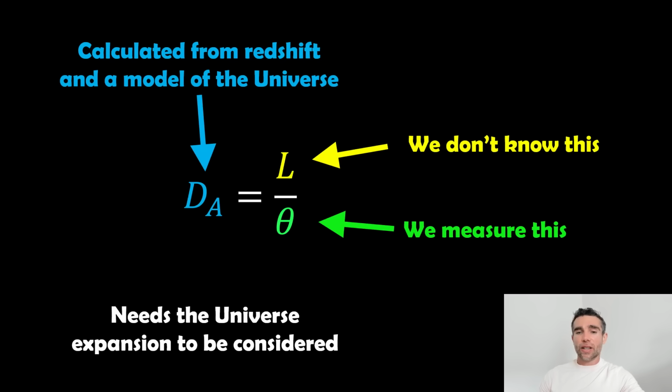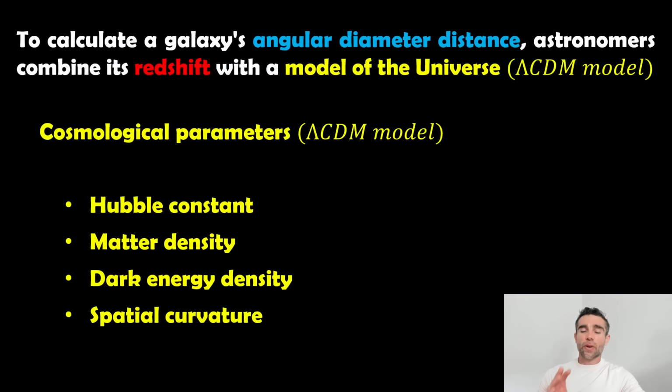But we do need to consider the universe's expansion. The typical model that we use at the moment, or the most common one, there's quite a few actually, is the lambda cold dark matter model. So we're going to combine the redshift with that model of the universe. Some of the parameters we would likely need to get this angular diameter distance are the Hubble constant, so how fast the universe is expanding, the density of normal matter, the dark energy density, spatial curvature, that sort of thing, because all of that helps us with the expansion of the universe as we look further away.